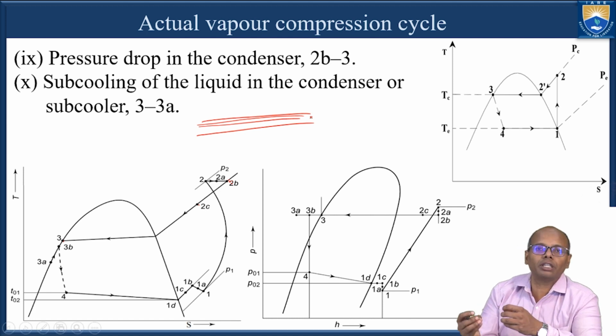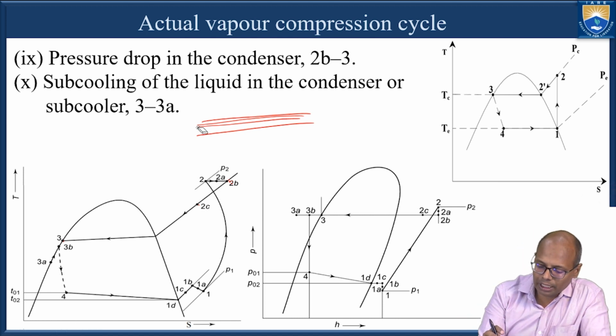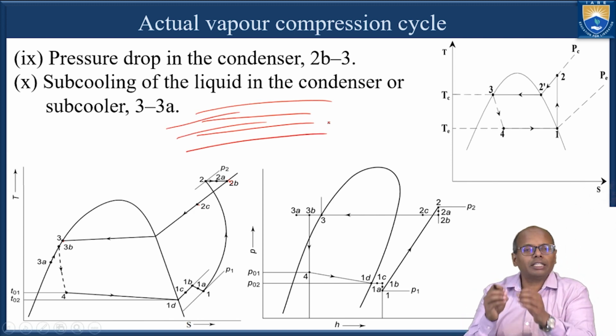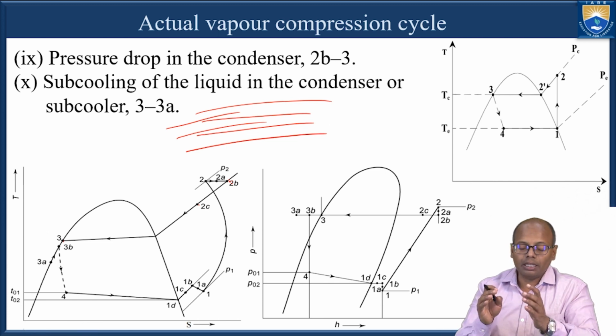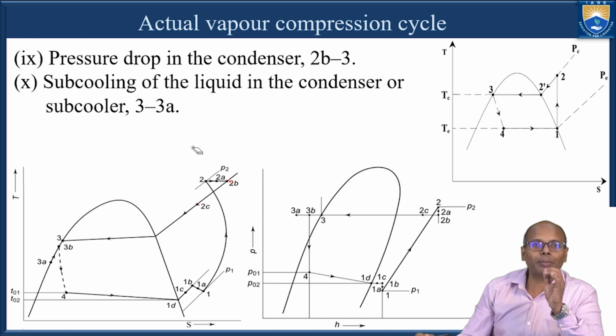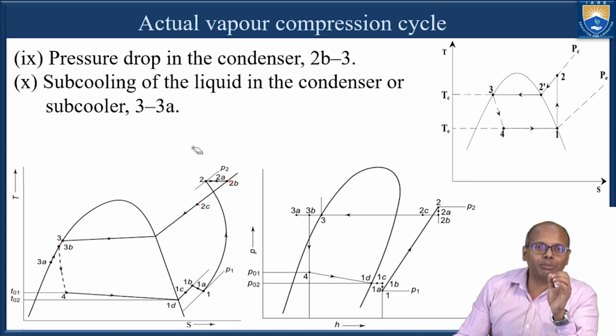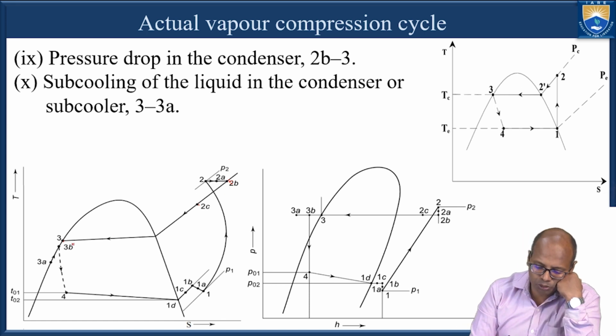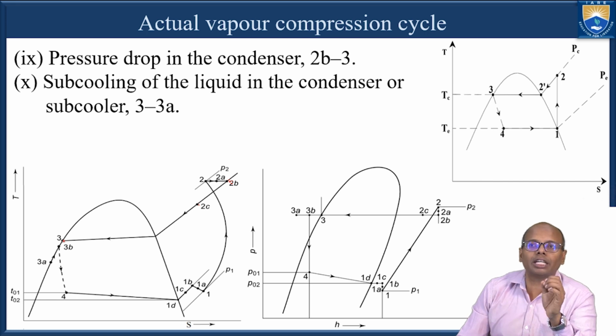One fluid is flowing through the inner core, the other fluid is flowing through the outer core, and so any system can be there here. The piping system can be anything, but it is a pipe. If it is a pipe and the fluid is flowing through the pipe, there will be some friction losses. Because of that, the pressure is going to reduce. So from 2B to 3, it is not a constant pressure process.